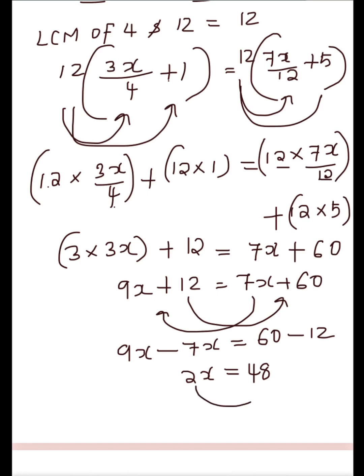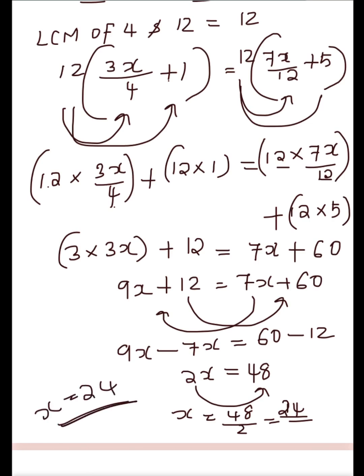Now you have to take this 2 to this side. That means x equals, this is 2 into x, so when it goes to that side it will become divided by 2. What is 48 divided by 2? It's 24. So x equals 24 will be our solution.